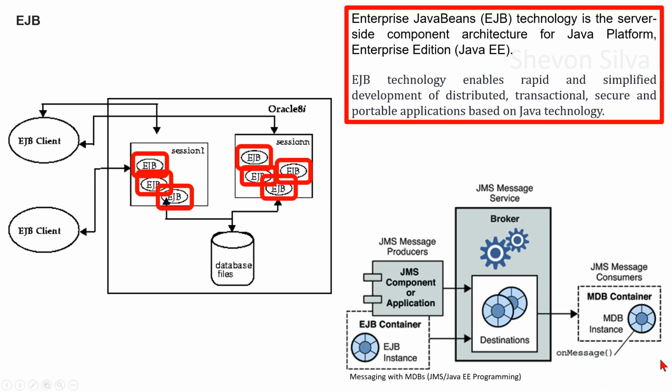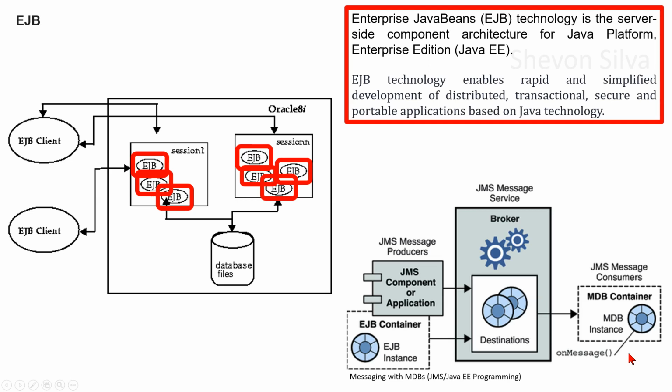The onMessage method written by the MDB developer is invoked when the MDB container receives the message. The onMessage method consumes the message just as the onMessage method of a standard message listener object would.